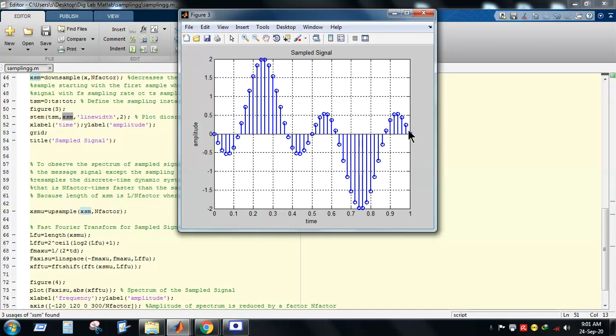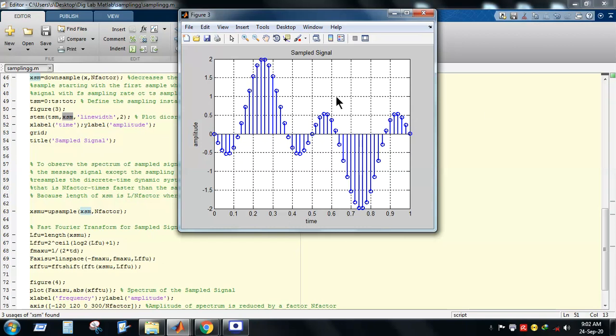So that is the theoretical portion. But the original message signal consists of 501 discrete values, while here there are a total of 51 discrete values.